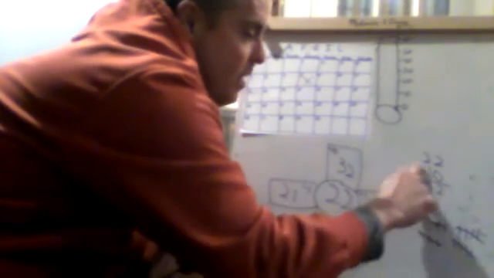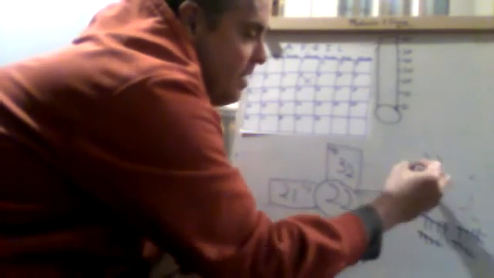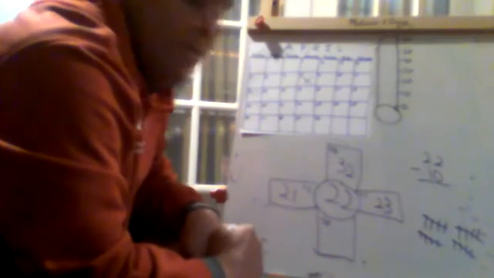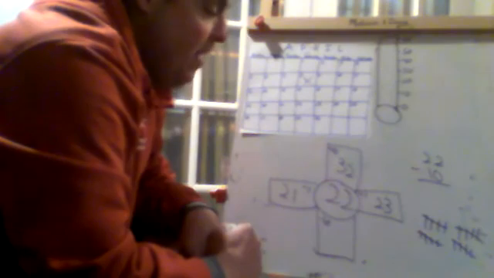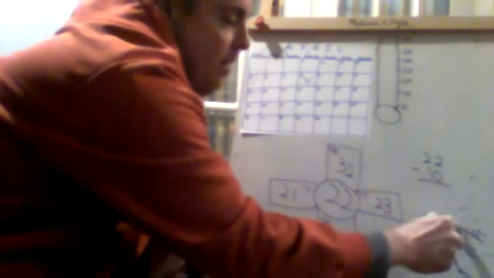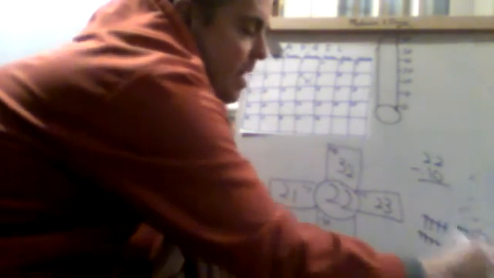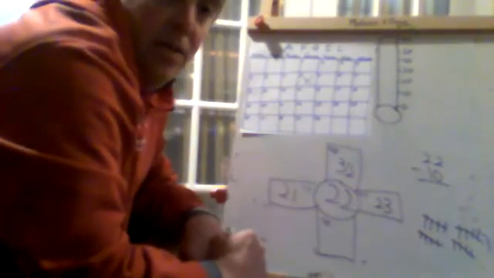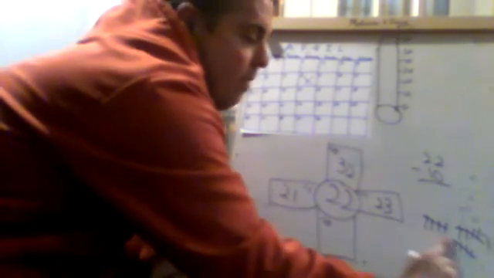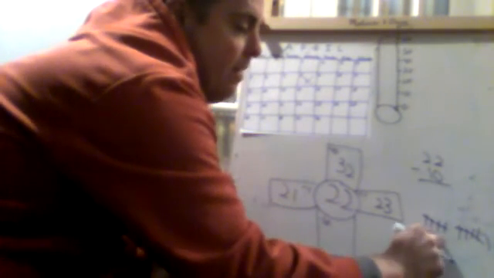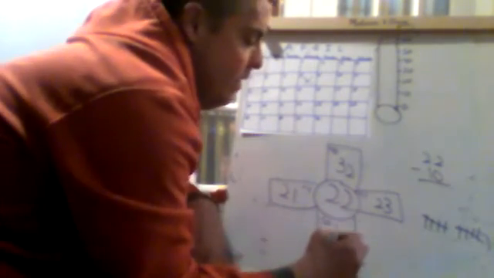Now -10. So I go back to my tally marks. I'll show you 2 different ways. 22 minus 10. I have 5, 10, 15, 20, 21, 22. Now I'm going to get rid of 10. 5 and 5 make 10, so I can just erase those. How many am I left with? 5, 10, 11, 12.